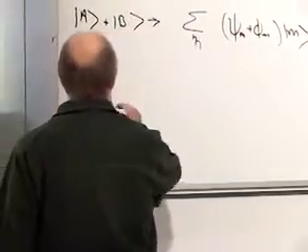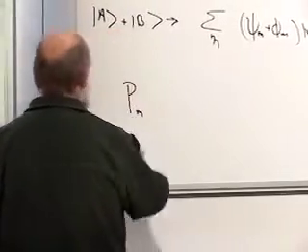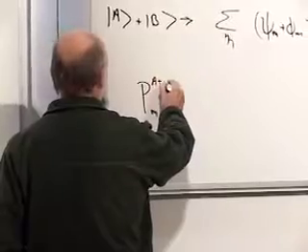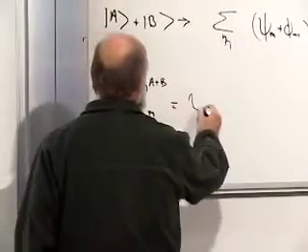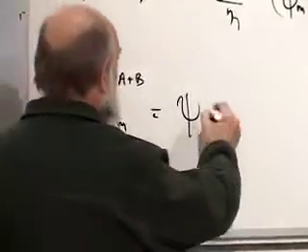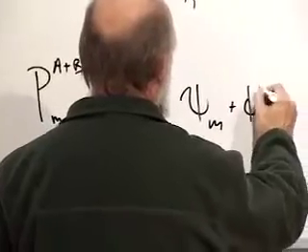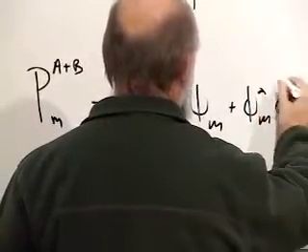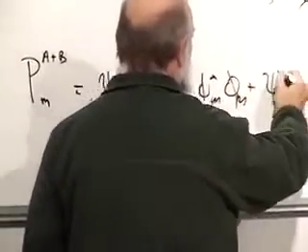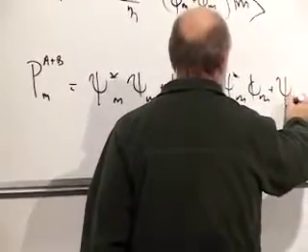And so the answer is Pm, the probability to get to m, when A and B are both open, is psi, well, let's just square that out, which will give 4 terms: psi star m psi m plus phi star m phi m plus psi star m phi m plus psi m phi star m.